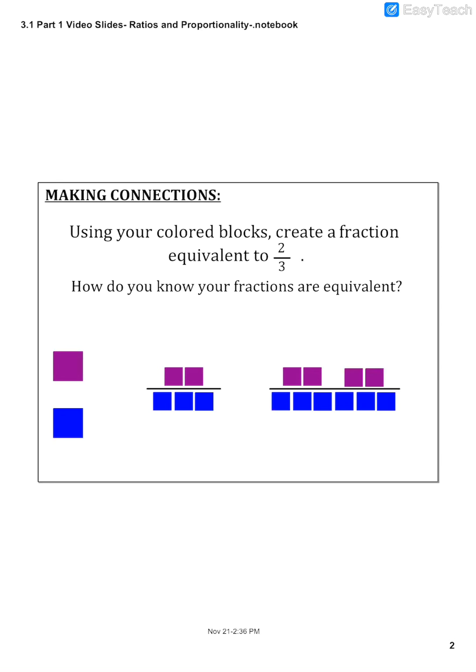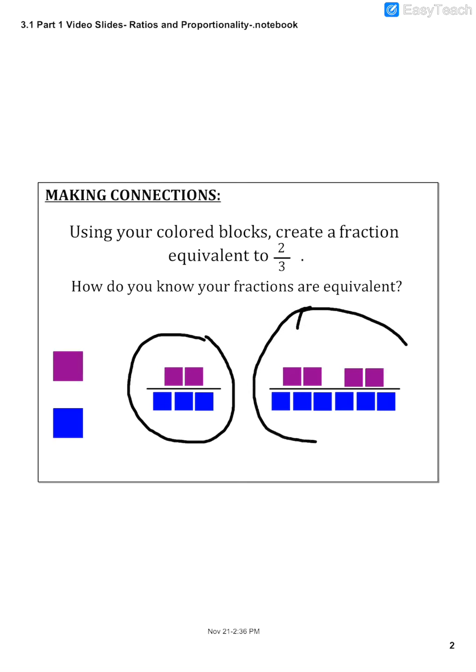If we look at this slide, it says using your colored blocks, create a fraction equivalent to 2/3. So if we look here, we see that we have 2 purple blocks over 3 blue blocks. If I look on the other side, I have 4 purple blocks and 6 blue blocks. It says, how do you know your fractions are equivalent?